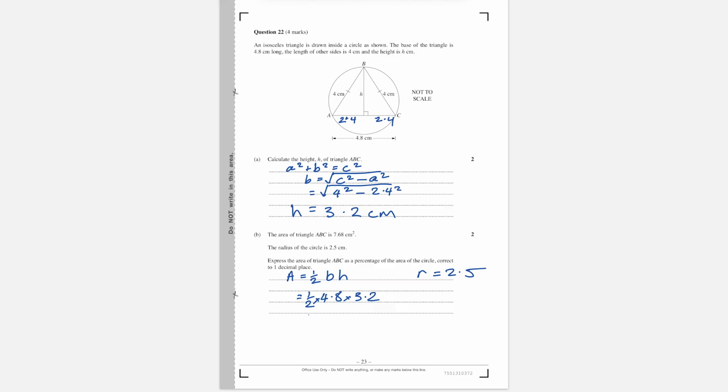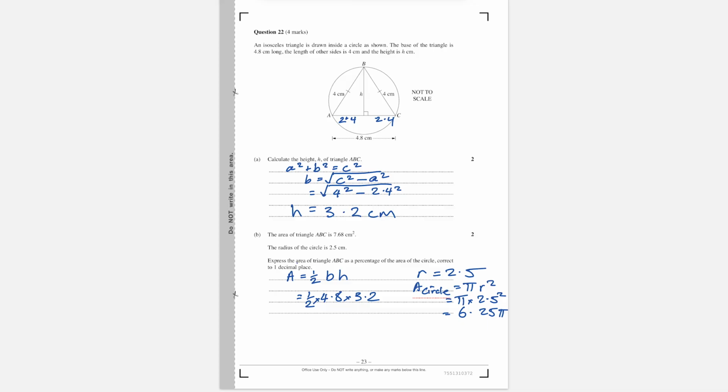So the area of the circle is equal to pi r squared, which is equal to pi times 2.5 squared, so 6.25 pi.